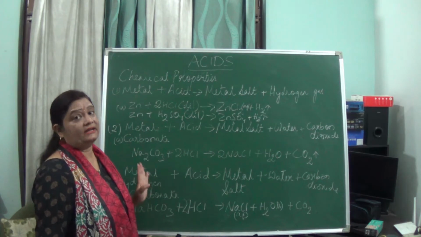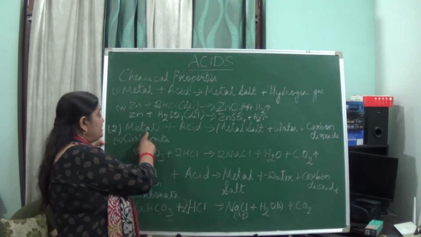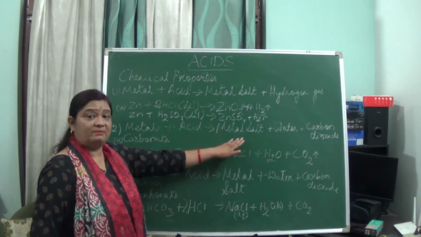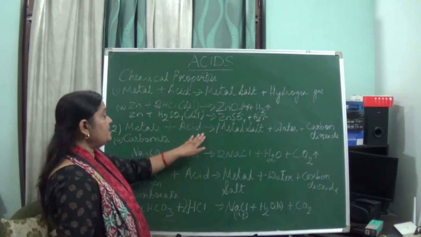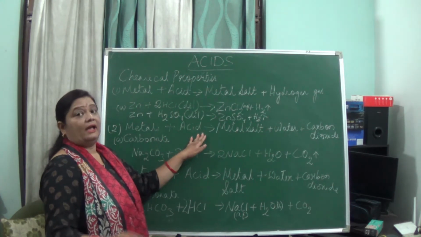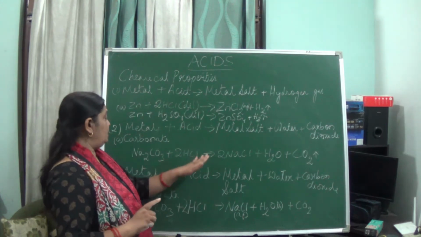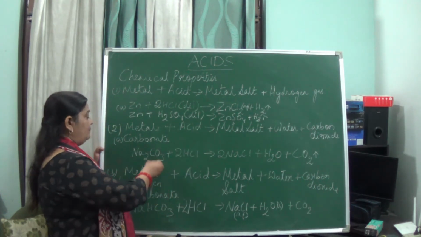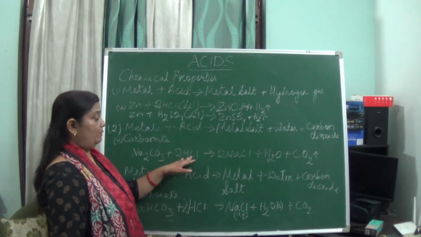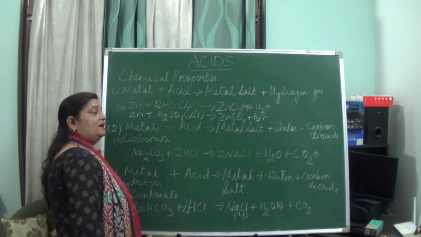Now next, metal carbonate reacts with acid to give metal salt, water and carbon dioxide. Remember, whenever a carbonate or hydrogen carbonate is taken, carbon dioxide will be evolved. For example, I have taken sodium carbonate and reacted it with hydrochloric acid. We are getting sodium chloride plus water plus CO2.